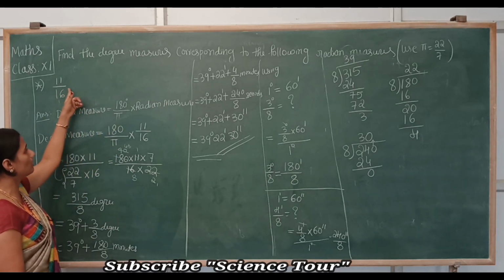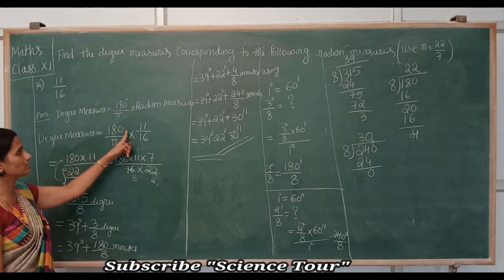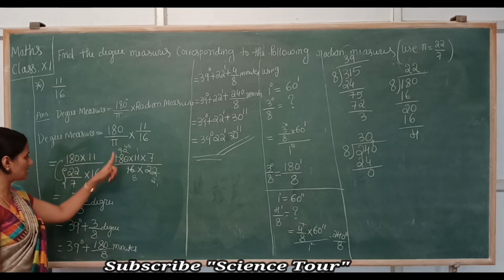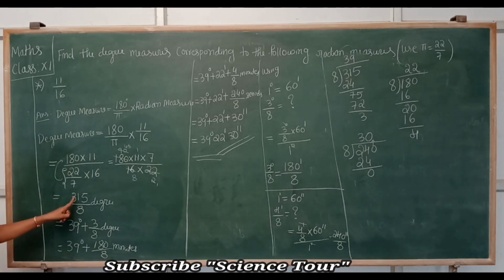So use the formula for degree measurement. Degree measurement is, this is your formula. Next substitute 22 by 7 and after simplification we will get this. 315 divided by 8, what is it? Degree. Already you know that in degree there should not be a fraction, there should not be a divide. So here you should remove this fraction.